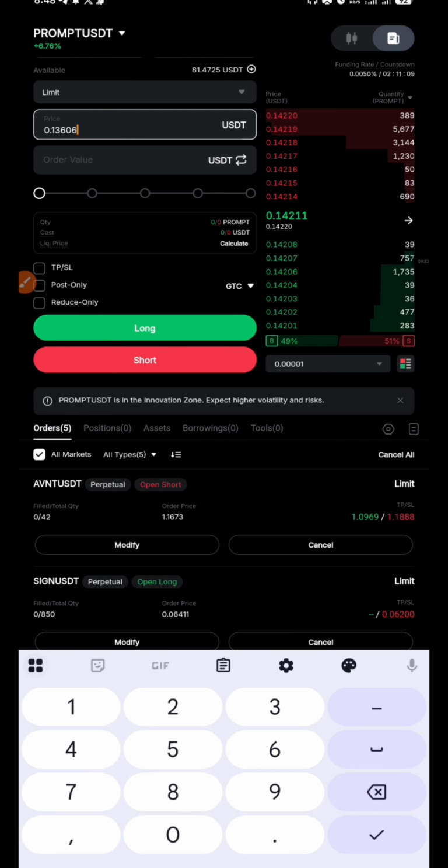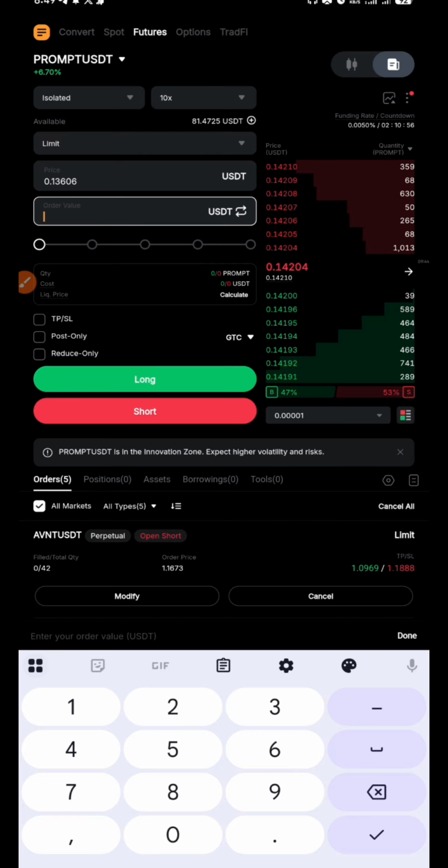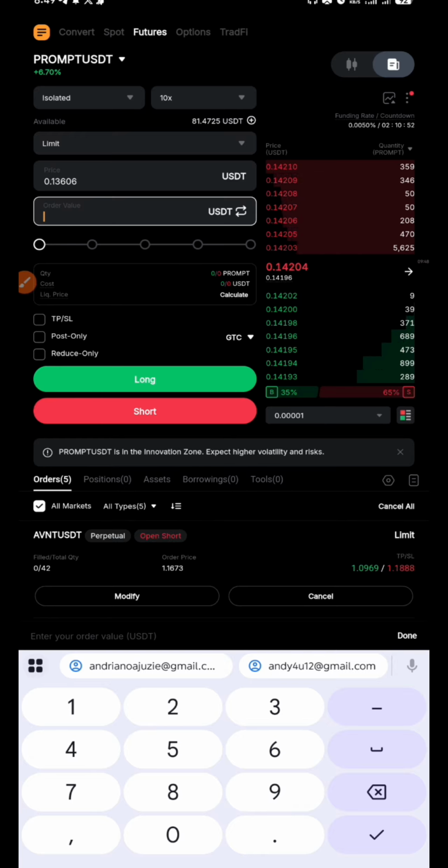You are telling the system, when the market comes down to 0.13606, enter the market for me. Then you come to how much you want to enter the trade with. If your account is just $10, that means you'll be entering the trade with $1. That's 10% of your capital.